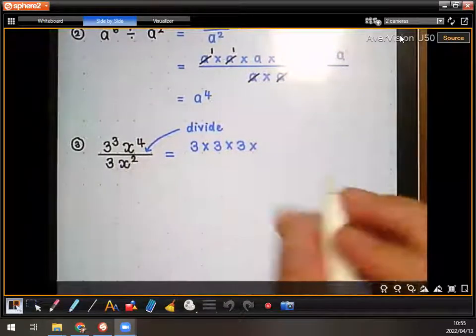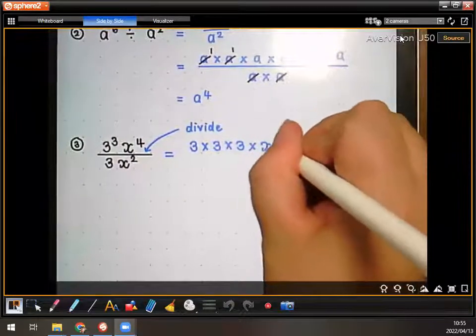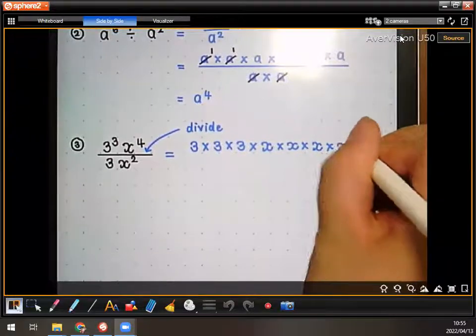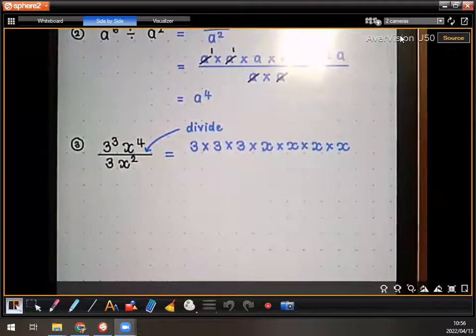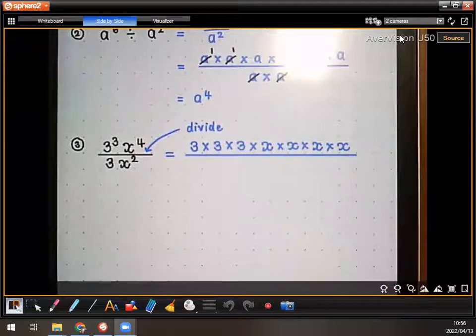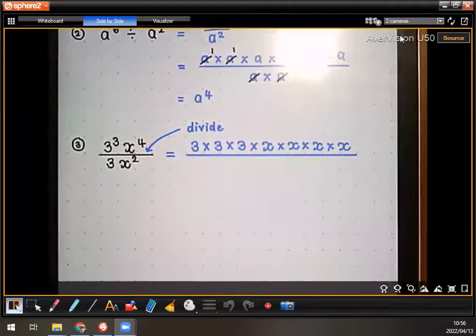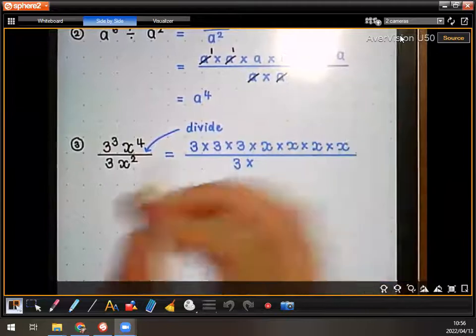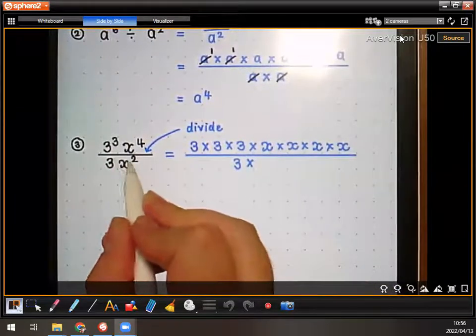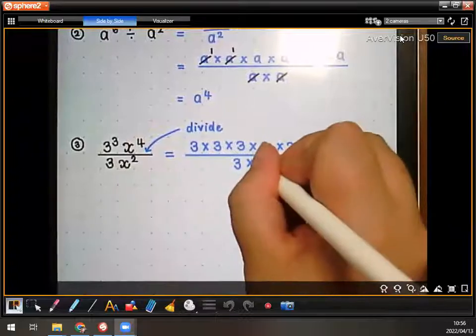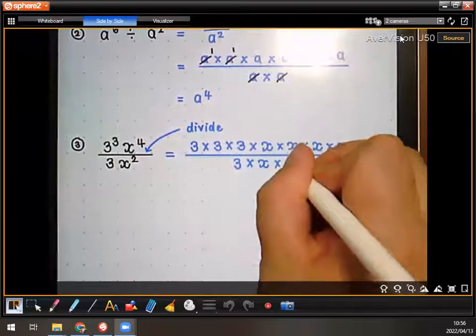And now I have x to the 4, so that is 1, 2, 3, 4 x's, all being multiplied together. That is all over. At the bottom, it's a bit less writing. There's just 1 3. Again, the 3 is written right next to the x squared. That means I'm multiplying it. And x squared is x times x.